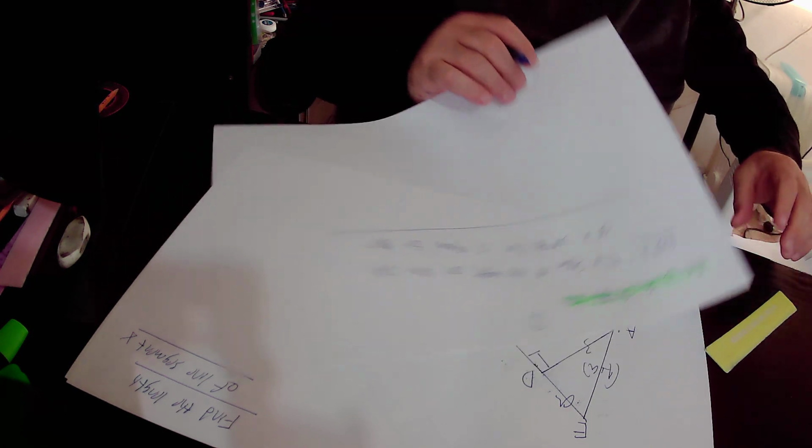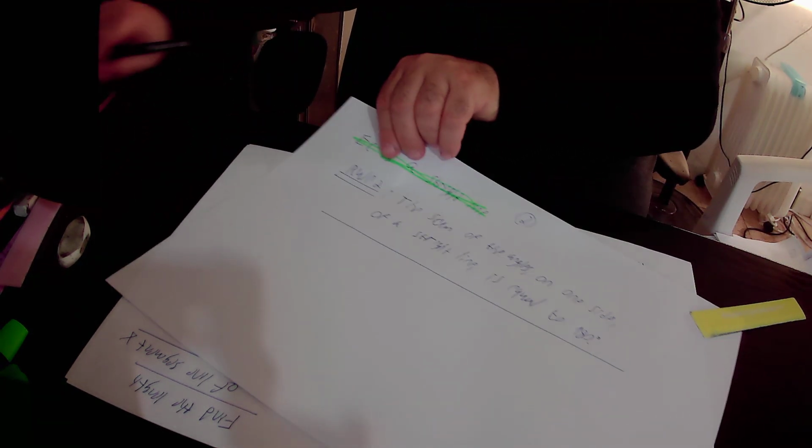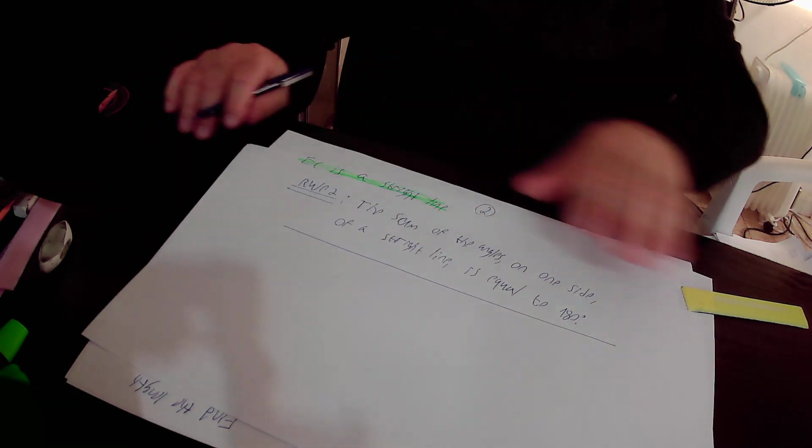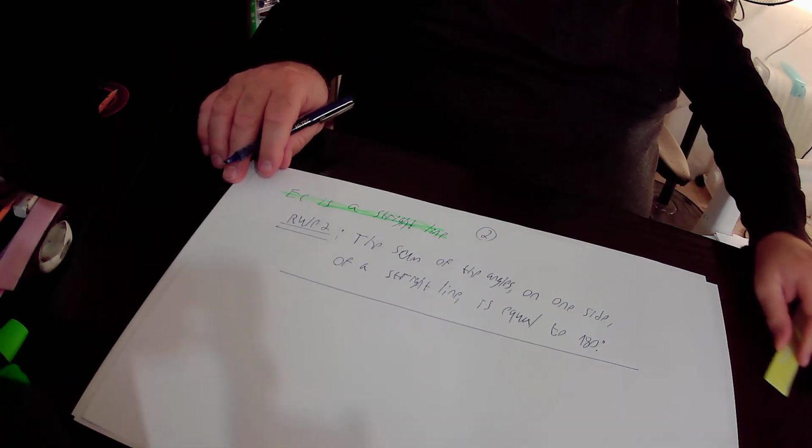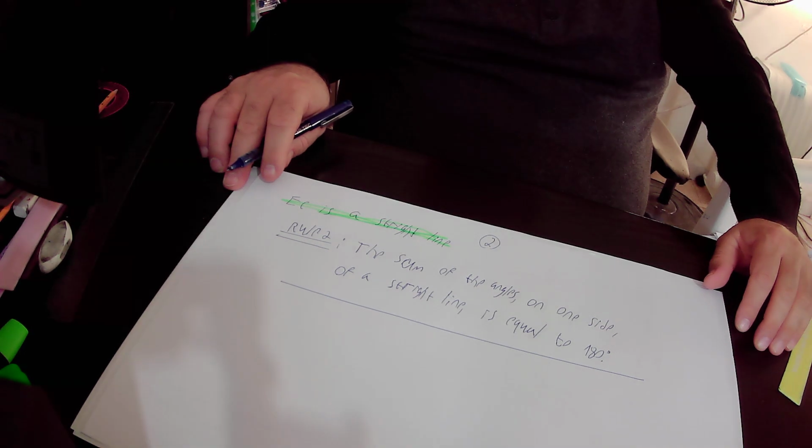So I'll read rule number 2 again. According to rule number 2, the sum of the angles on one side of a straight line is equal to 180 degrees.